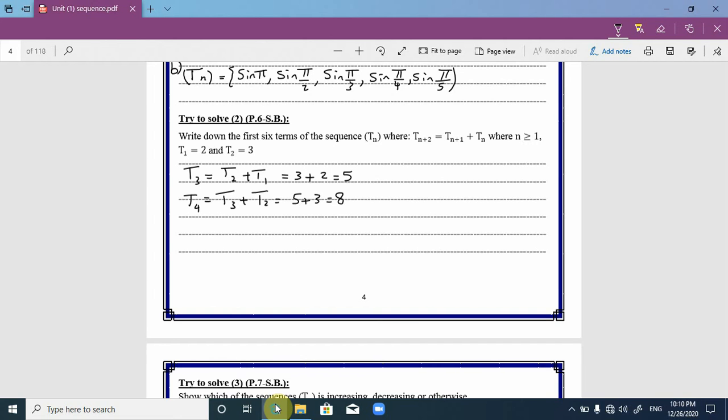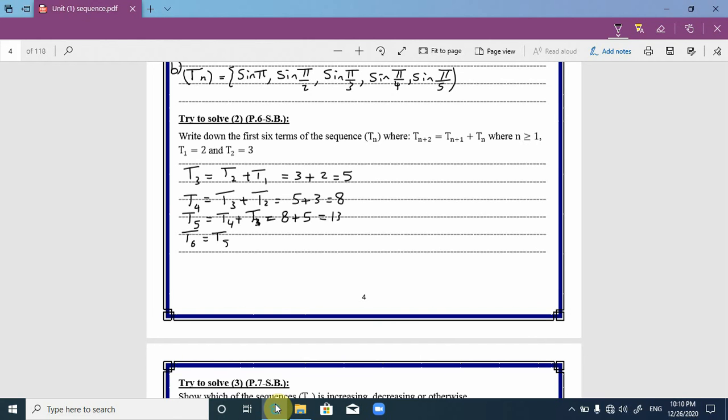T5 will be T4 plus T3, which equals 8 plus 5, equals 13. Okay, let's see the last one, T6.